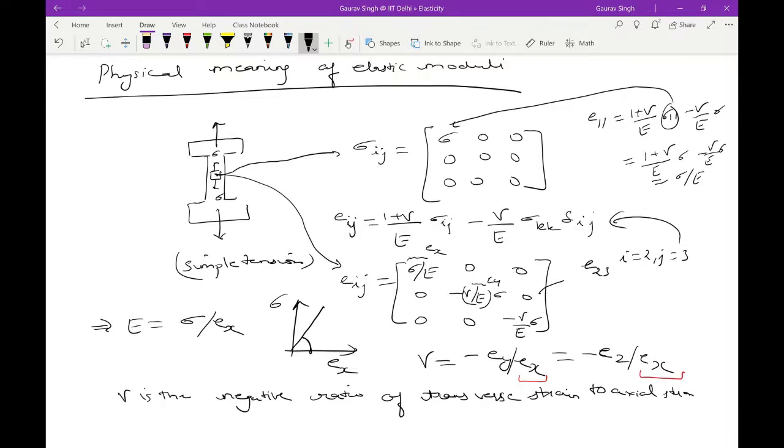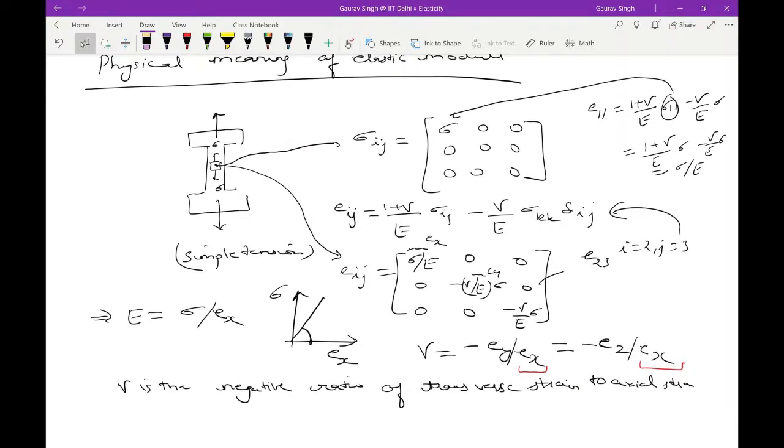Okay, so the importance of this test, a simple tension test, is that using this one test you can find the elastic constants E and nu.